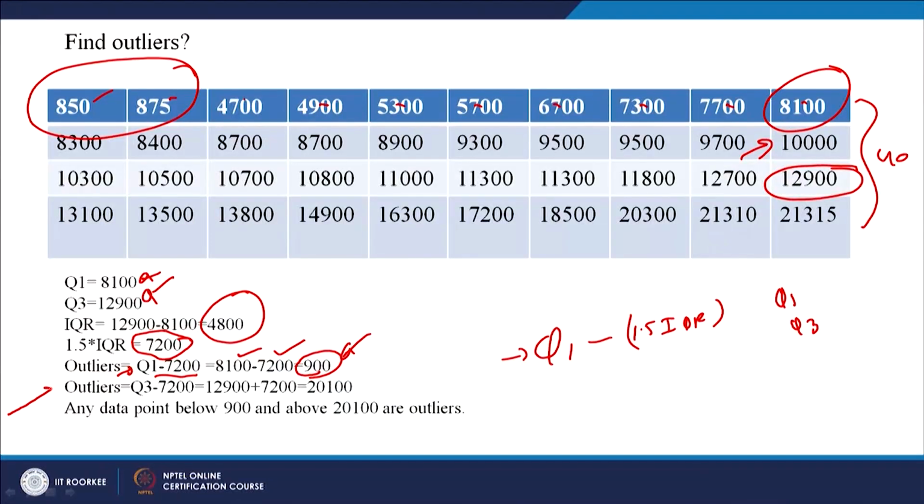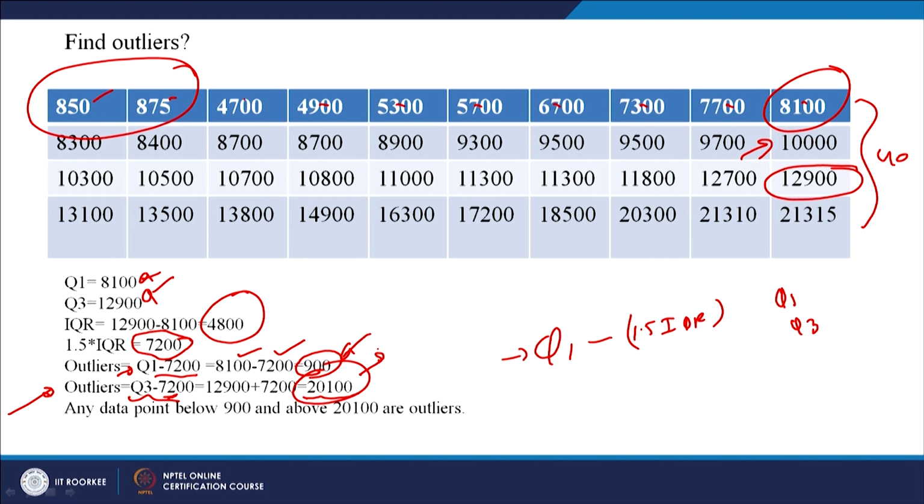Let us look at the outliers towards the higher side. So, Q3 plus 1.5 times IQR is 20100, 20,100. All those points beyond this or more than this would be outliers.